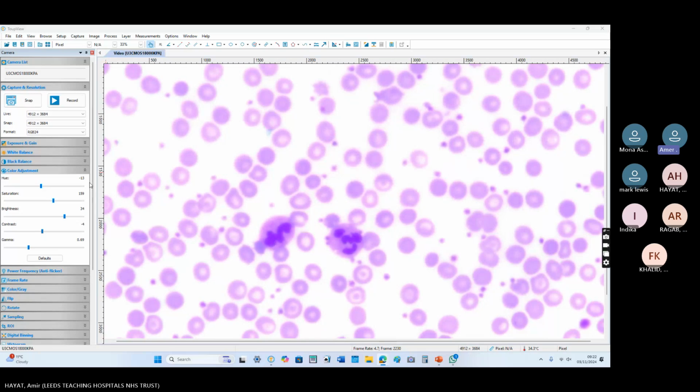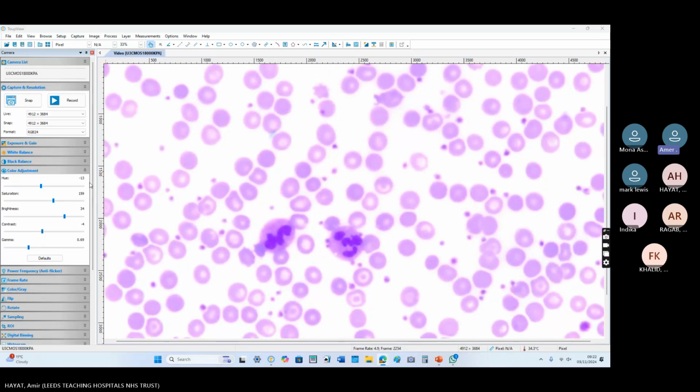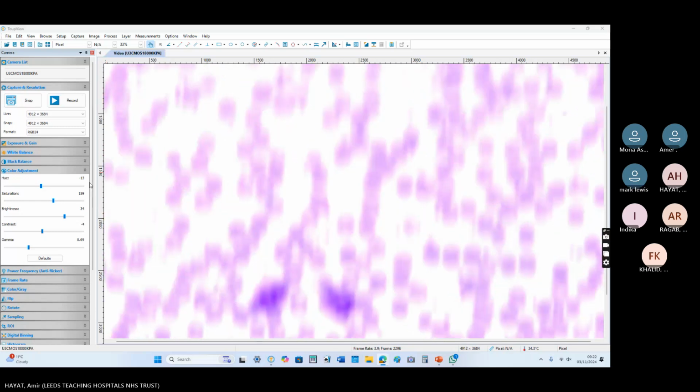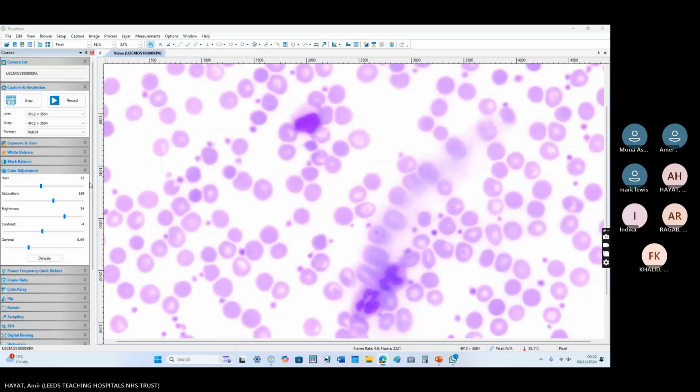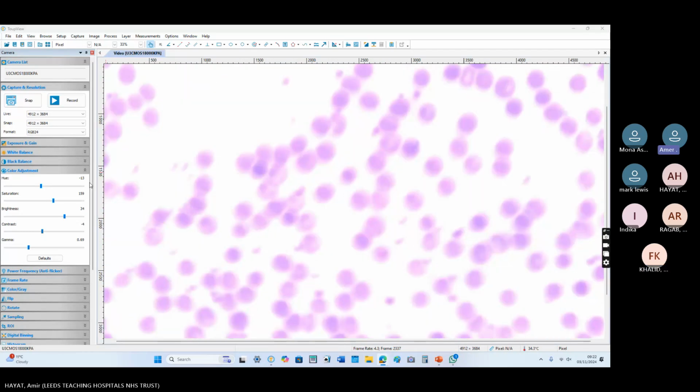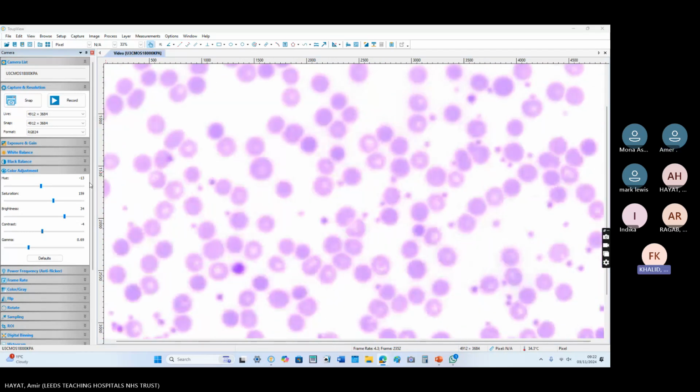Is there any clinical hematologist who wants to comment on this blood film or to report it for exam purposes? There is no clinical hematologist with us today. Sorry, I just joined in. I couldn't find the link.